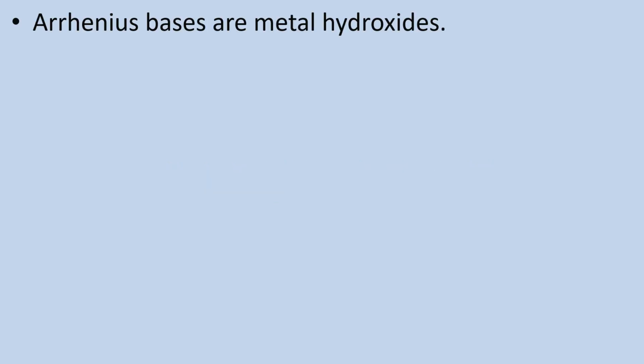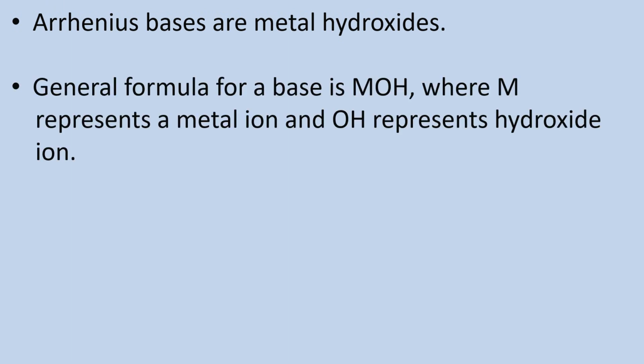Now for Arrhenius bases. Arrhenius bases are metal hydroxides. The general formula for an Arrhenius base is MOH, where M represents a metal ion and OH represents hydroxide ion.